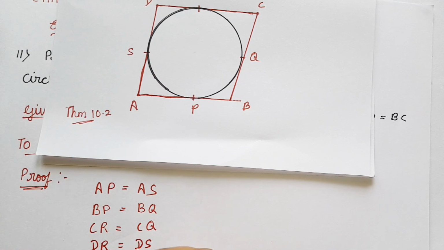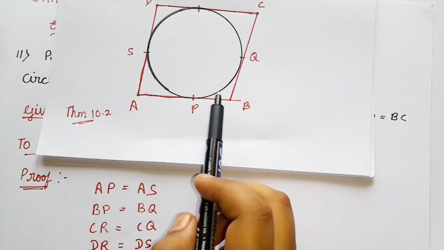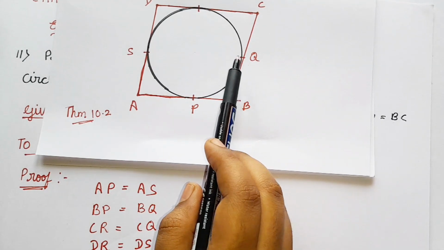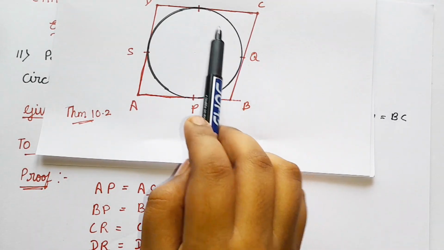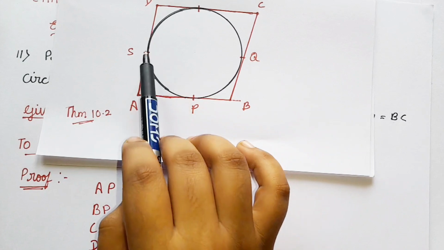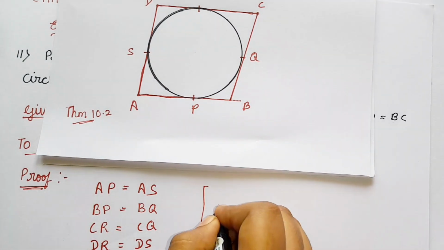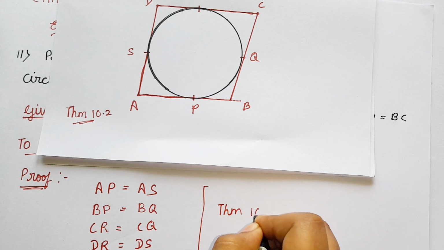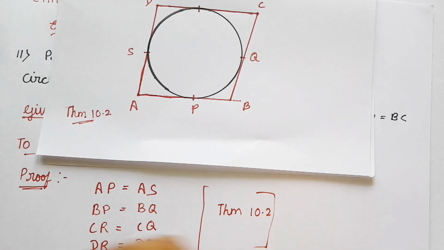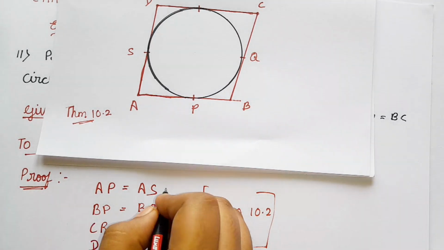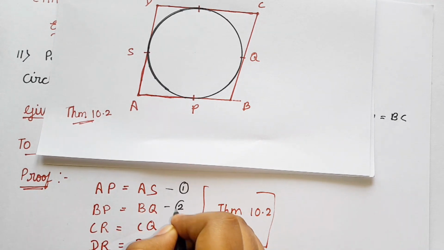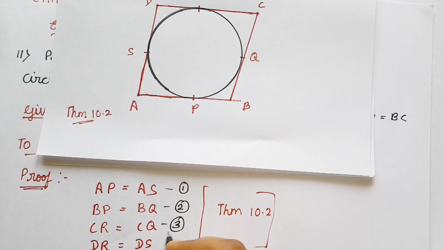Okay, so like this we get AP equals AS, BP equals BQ, CR equals CQ, DR equals DS. This is because of theorem 10.2. So I'm going to take this as equation number 1 and this one as equation number 2, this one as equation number 3 and this one as equation number 4.